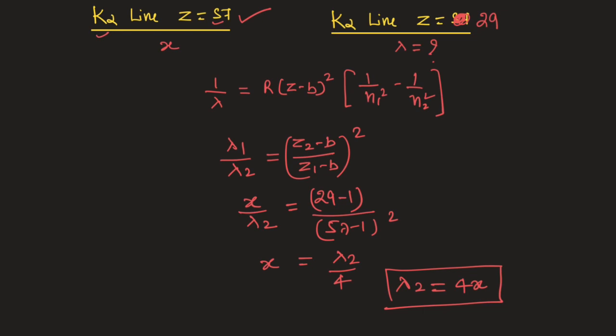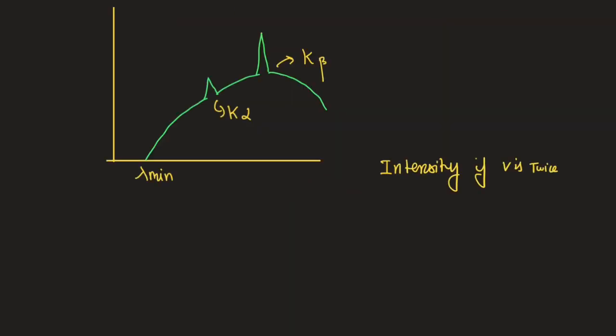Let's see the diagram, the graph of characteristic X-ray. It will be something like this. We are representing intensity on the y-axis, and on the x-axis there is wavelength. This one is continuous X-ray, this one is continuous X-ray, and this one is characteristic X-ray, this one also characteristic X-ray.